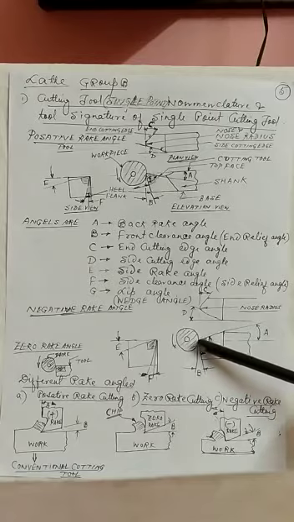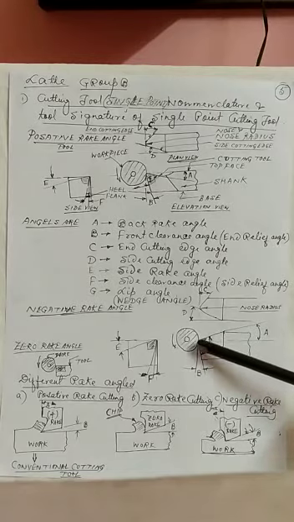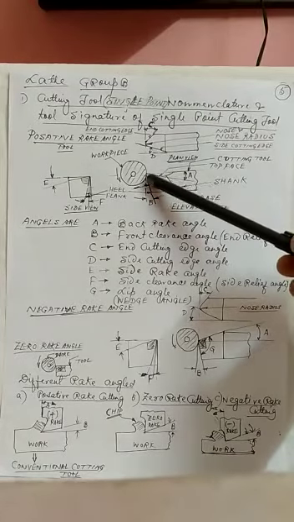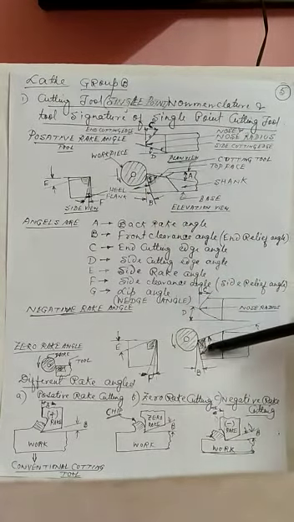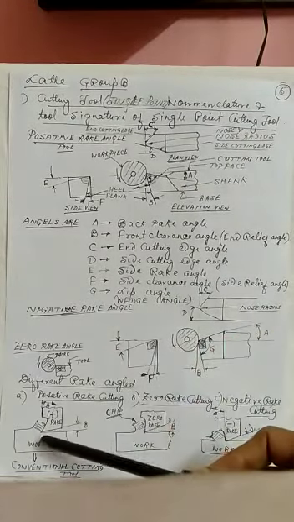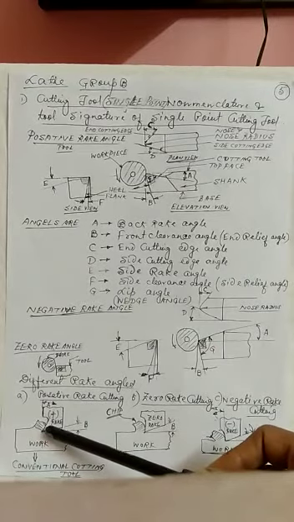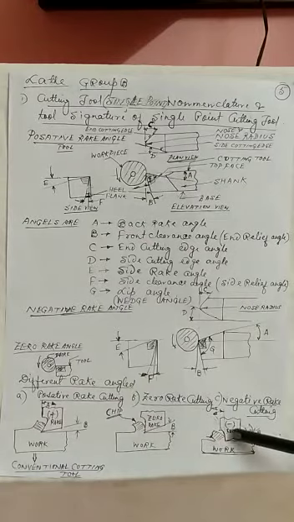Whenever we designate this rake angle, it will be taken as minus, and whenever the tool has a back rake angle like this, it will be plus. So less than 90 degree is called positive rake angle, and greater than 90 degree is called negative rake angle. Again I have clearly shown one positive rake angle, one zero rake angle, and another negative rake angle tool.